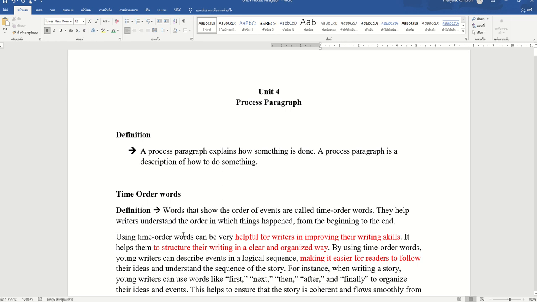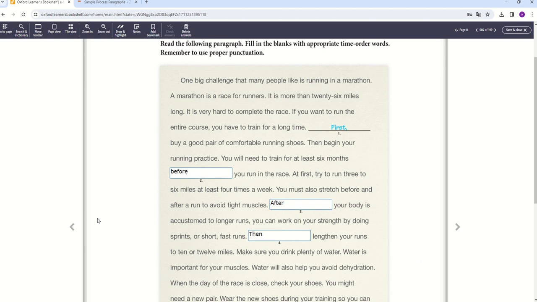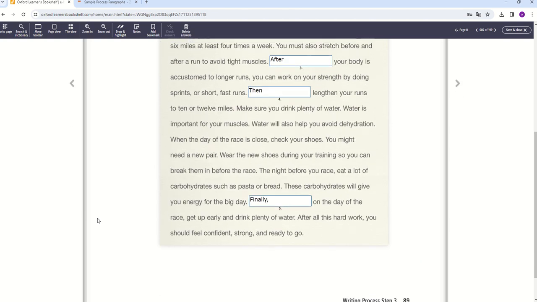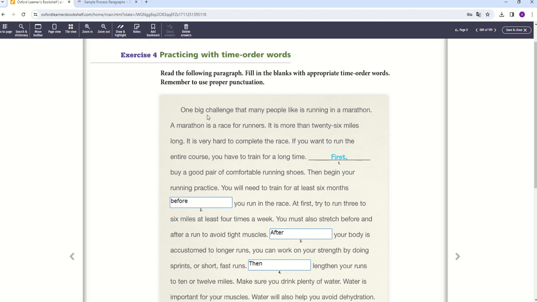Last week we looked at the example from the book right here. The time order words are needed in a process paragraph. As you can see here, this is the way to prepare yourself for a marathon, for the competition.